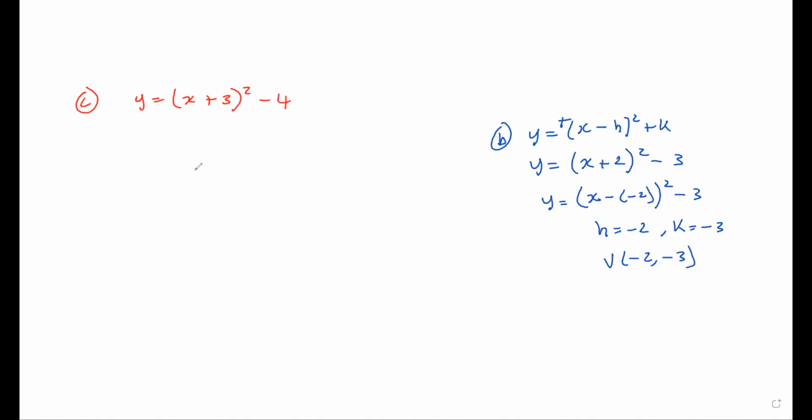So find your vertex first. Make a list of things to do. So vertex, line of symmetry, open up or down.